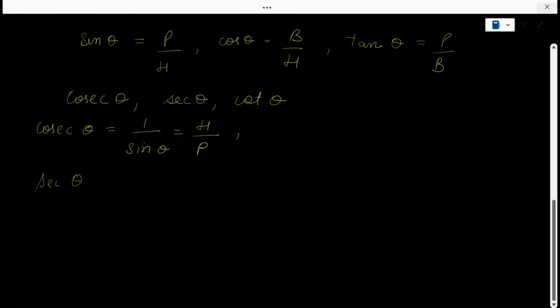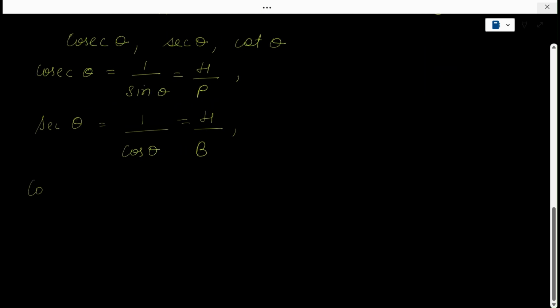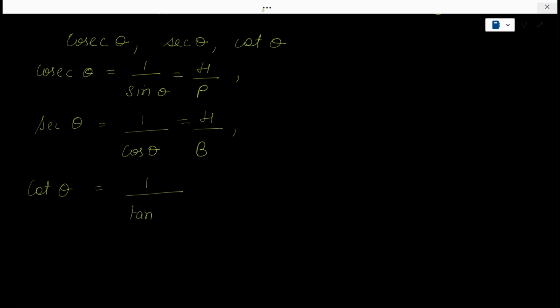Secant theta is equal to 1 upon cos theta, that is hypotenuse upon base, and cot theta is equal to 1 upon tan theta, that is base upon perpendicular.